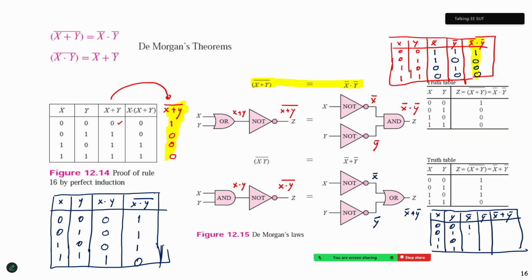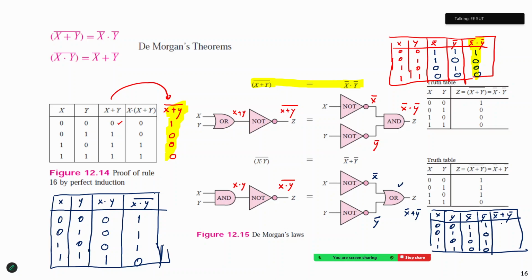Here x bar is 1, x bar is 0, x bar is 0. Y bar, y is 0, y bar would be 1. 1, we get 0. Y is 0, we get 1. Y is 1, we get 0. So we add this signal together with OR.